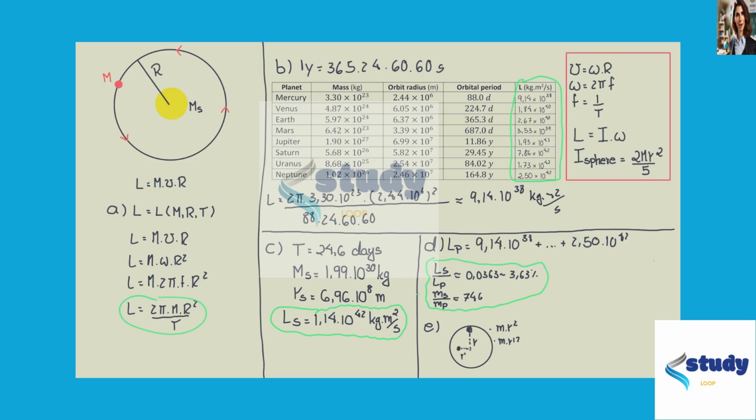What I'm trying to say is that a particle that is further away from the axis of rotation has a bigger moment of inertia and therefore a bigger angular momentum than a particle that is closer to the axis of rotation. The Sun actually has more particles that are closer to the axis of rotation than particles that are further away from it.